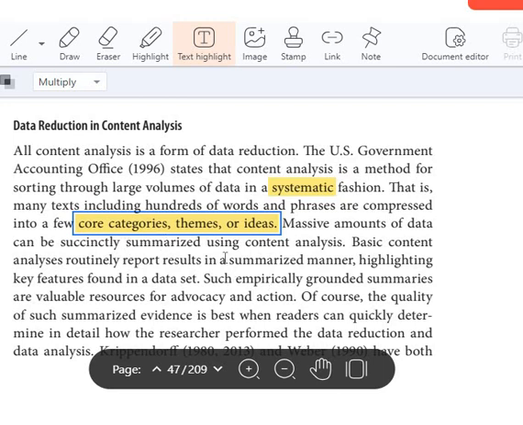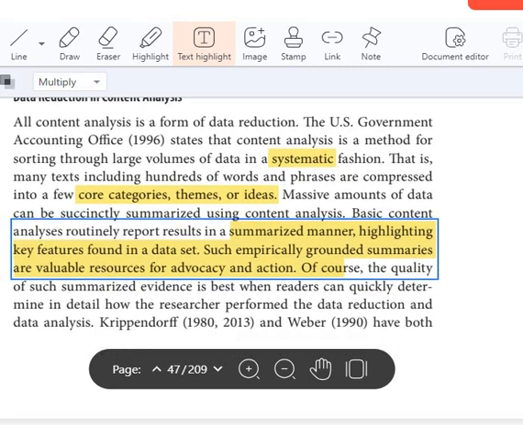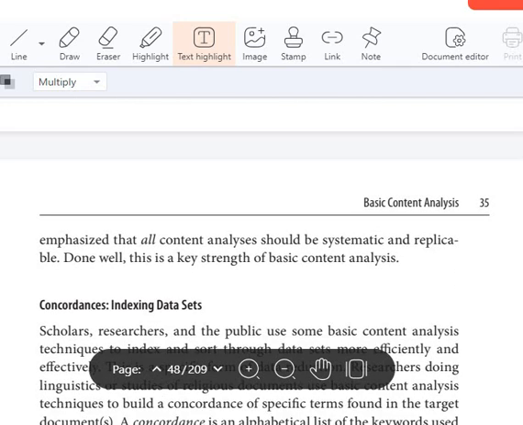Okay, so all these data are summarized. We should understand that because we are focusing on key features in the data set. Such empirically grounded summaries are valuable resources for advocacy and action. Okay, now what about concordances?